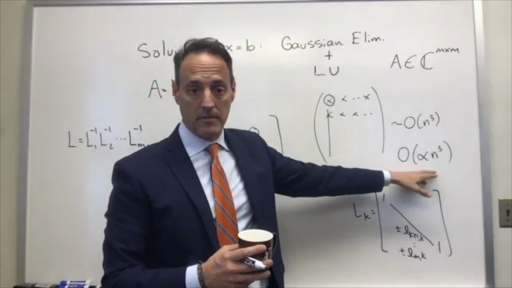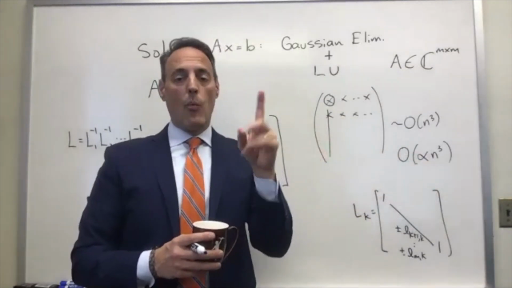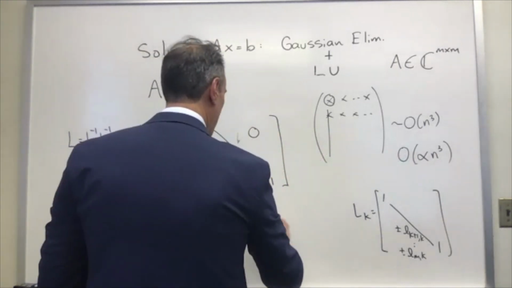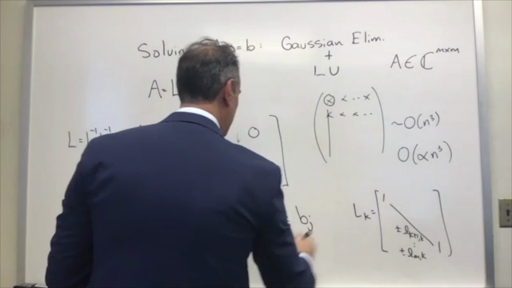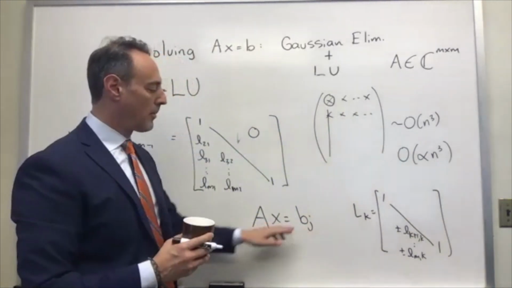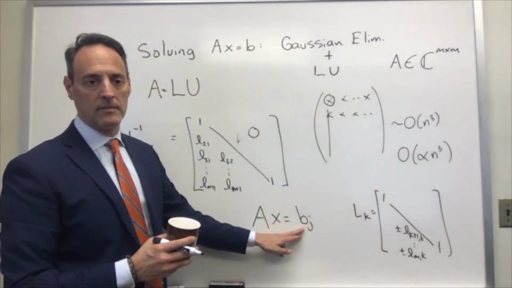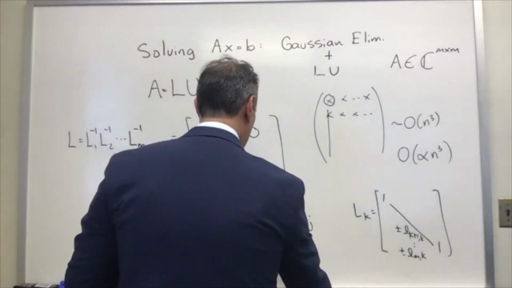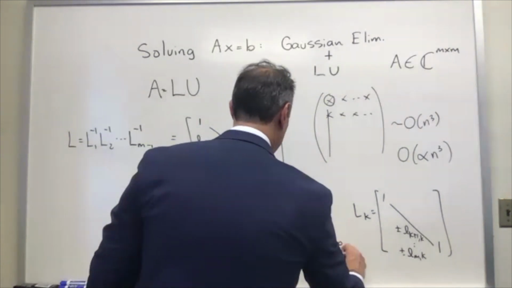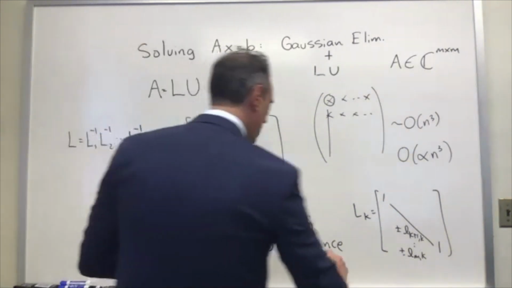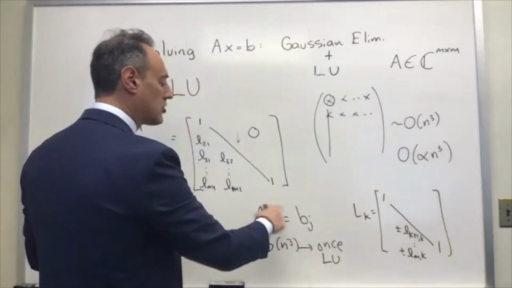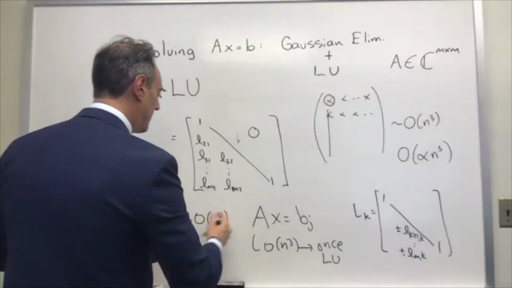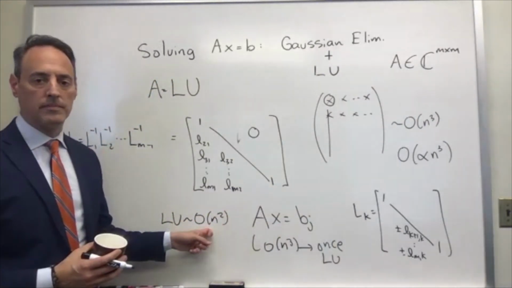It's expensive. But once you've done it once, you can keep solving, and oftentimes this is the context you're in: you're often solving this problem where you keep changing the right-hand side. So you do the factorization once to get the LU, and then you can solve this over and over again in order n squared time, because you're just doing forward and backward substitution.